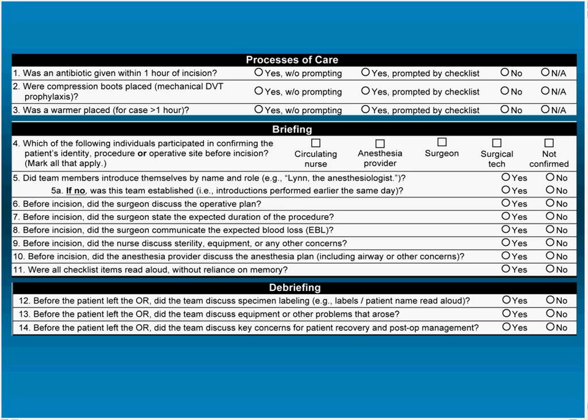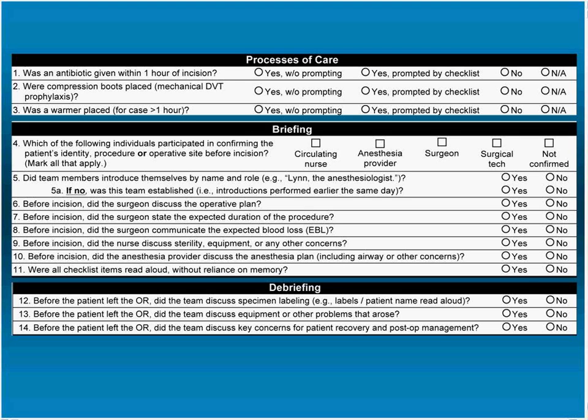So standing now in the position of an observer or a coach, as the checklist is actually being done, you can keep track using this form of what happened. And you can see the kind of things that we think are important. And some of them overlap heavily with what the Joint Commission now thinks is important about a timeout.